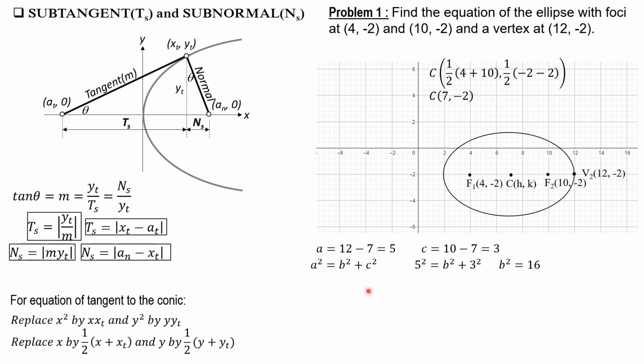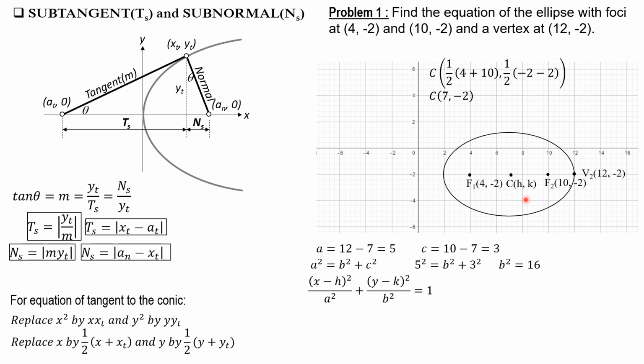Then the expected standard equation of this ellipse is (x minus h) squared over a squared plus (y minus k) squared over b squared equals 1.